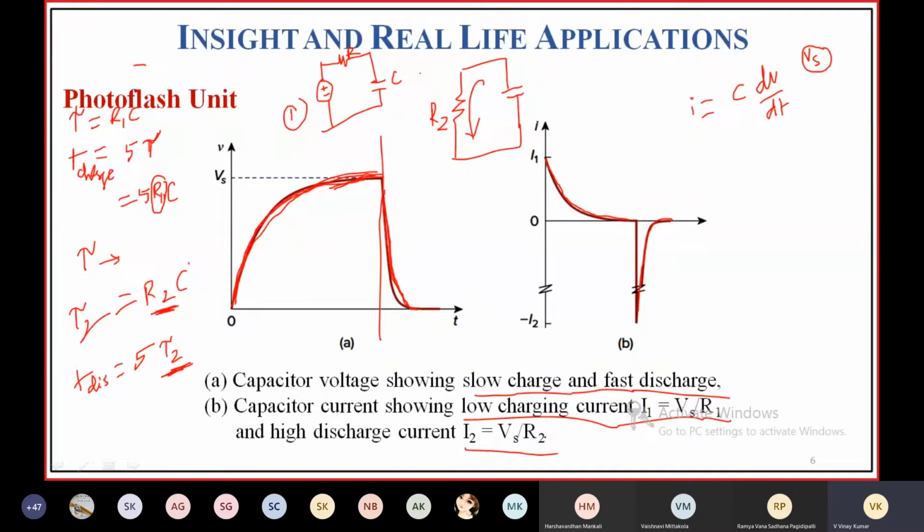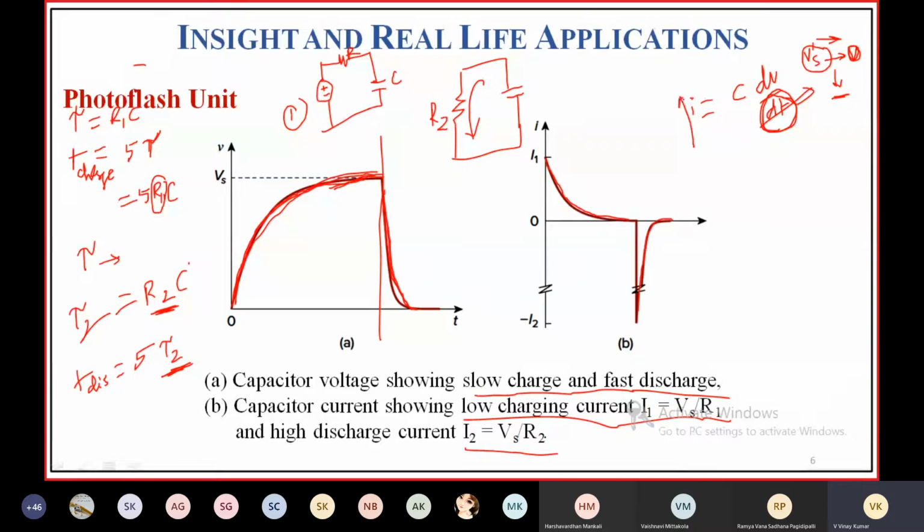Initially, let it get charged with Vs. The time taken: here Vs becomes 0 by taking less time. Within a short period of time, the change in voltage across the capacitor is from Vs to 0, which means the change in time is a very small value.